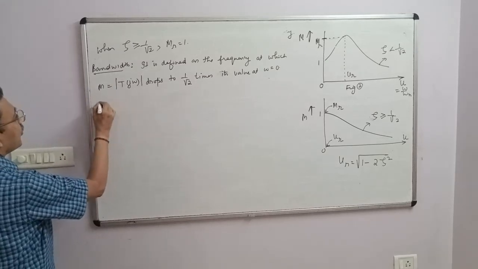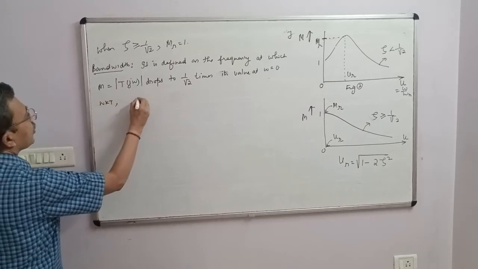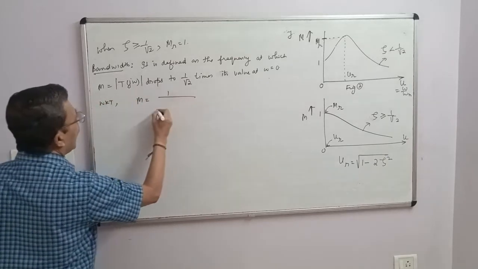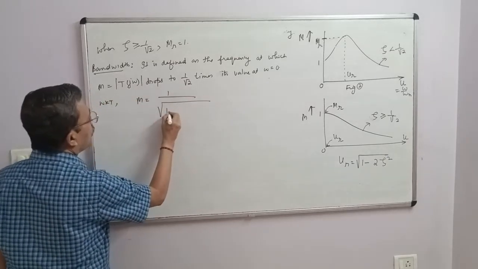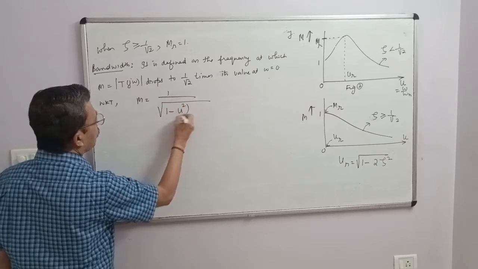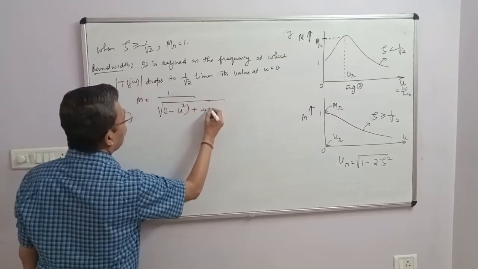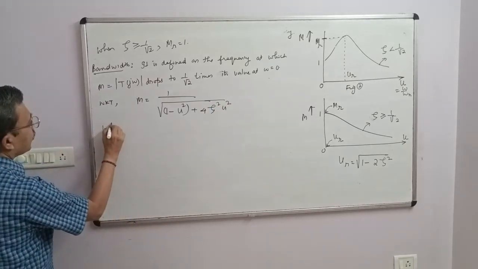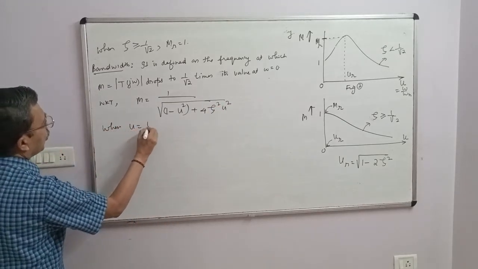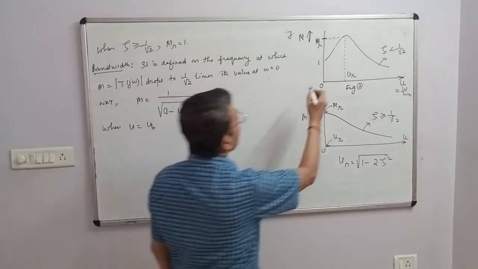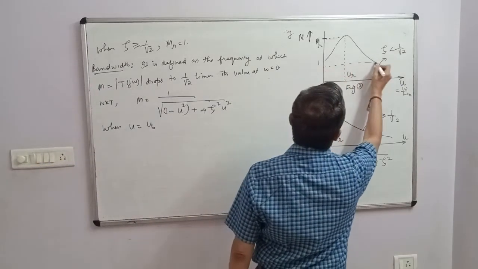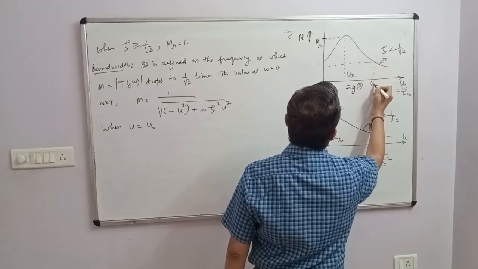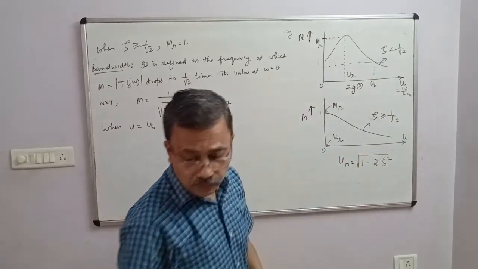Derivation for this. We know that M is equal to 1 over square root of (1 minus u square) whole square plus 4 times zeta square u square. When u is equal to ub, what is the value of M?